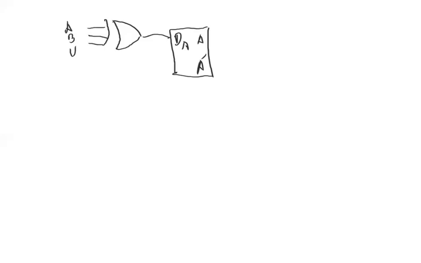And then I'm going to get another flip-flop, D sub B, whose output is B and B prime, and whose input is B prime. So now, how do I do the analysis on that? The big question is, what does it do?